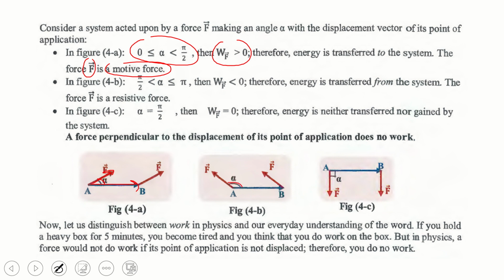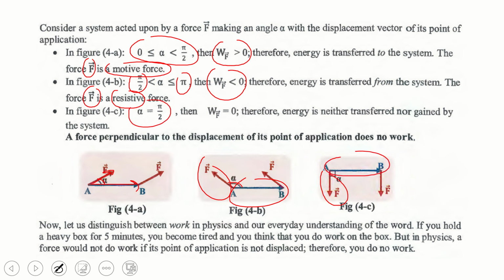If alpha is an obtuse angle, between 90 and 180 degrees, or pi over 2 and pi, the work done by this force is negative. So F is a resistive force exerting a resistive work. If the angle between F and AB is 90 degrees, or pi over 2, the work done by this force is 0, so this force cannot exert any work.